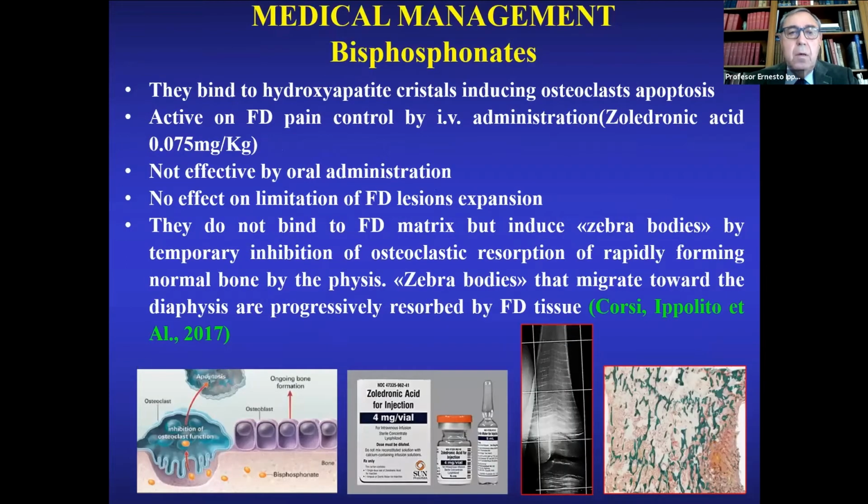Medical management of fibrous dysplasia. Bisphosphonates have been the first drugs used in this disease. As you know, they bind to hydroxyapatite crystals by inducing osteoclast apoptosis. They are active on pain control by intravenous administration, but they are not effective by oral administration.